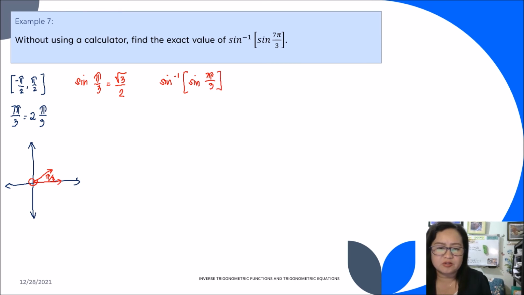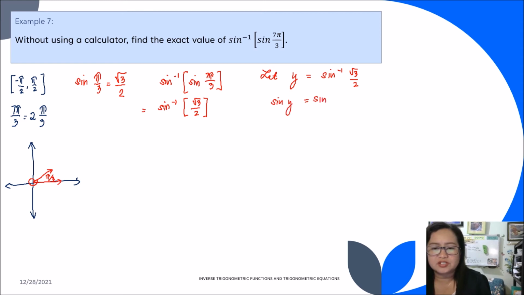That will be equal to inverse sine of square root of 3 over 2. Now we let y be equal to inverse sine of square root of 3 over 2. Then we get the sine function on both sides.